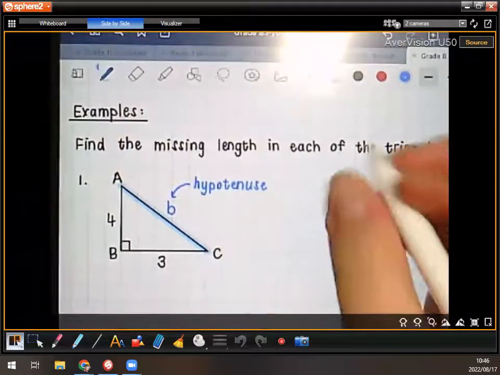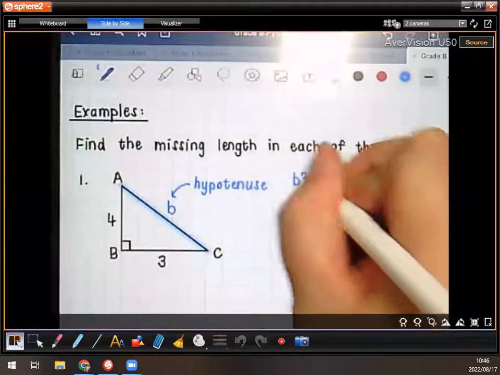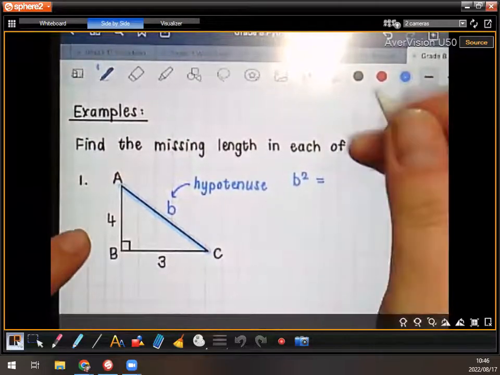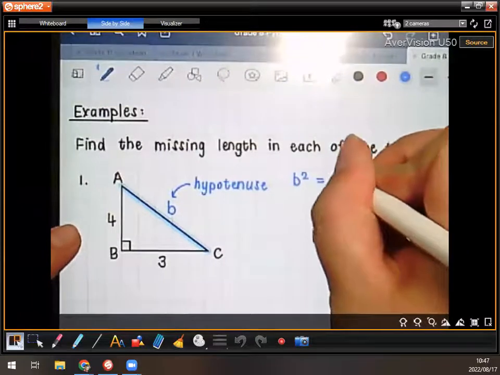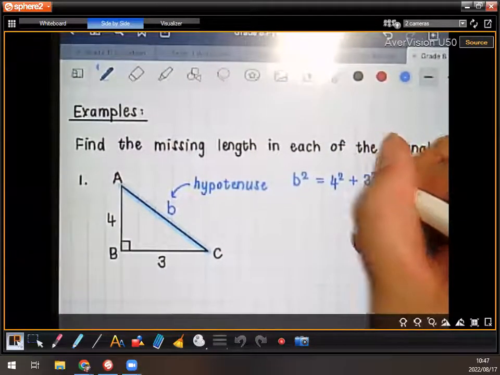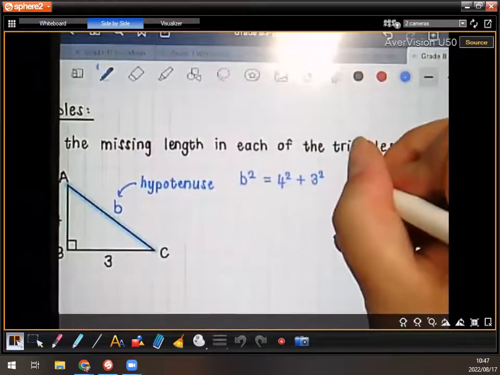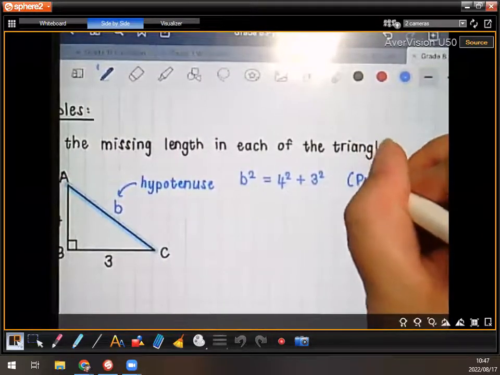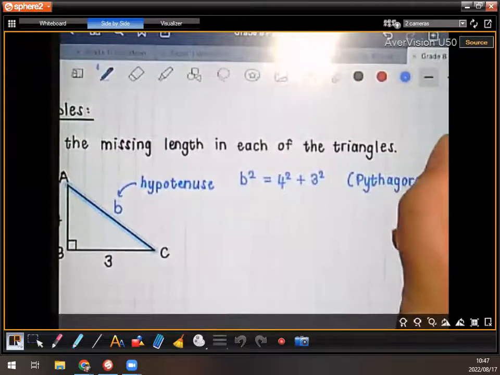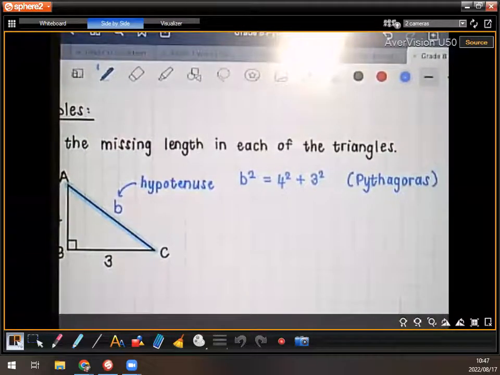We need to say b squared in this case. It's always the hypotenuse squared equals the other two. Very important. The hypotenuse squared is equal to 4 squared plus, what was the other side? 3 squared. And my reason is Pythagoras. Guys, you are not allowed to abbreviate that, unfortunately. You have to write the whole name.